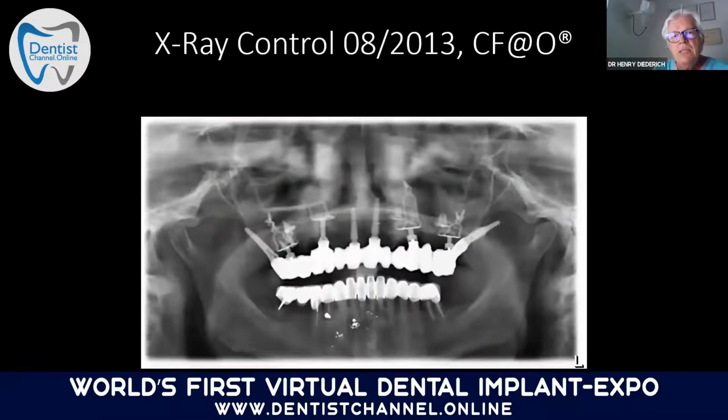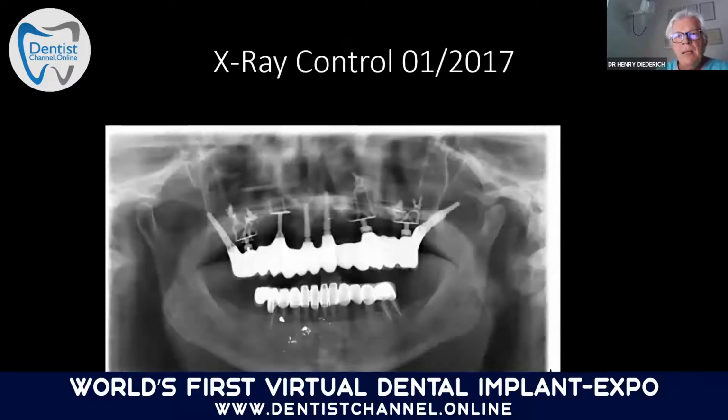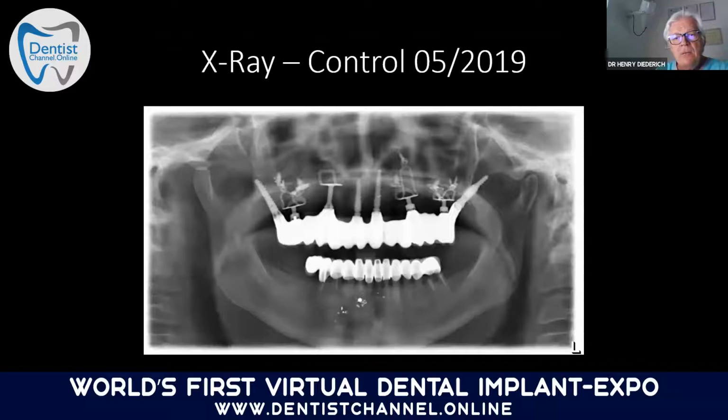And here you see the final result. You see pterygoid implants, you see hybrid plates. There was also a disc implant here, and then one-piece implants in the anterior part where the bone is. And here's the result in 2017, and here in 2019.